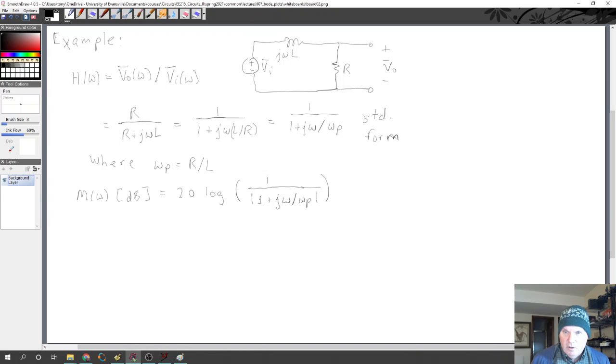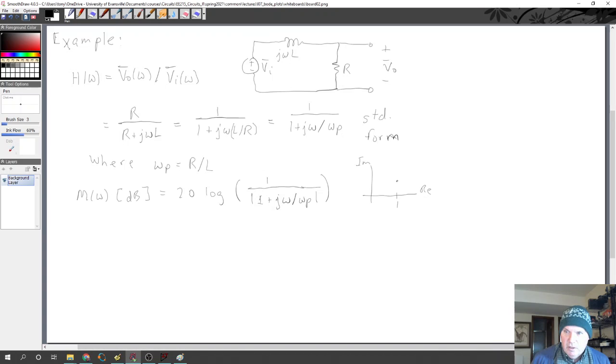Okay, but this has a real part equal to 1, and then has a varying imaginary part. So here's my imaginary axis, here's my real axis. The real part of the denominator here is always 1.